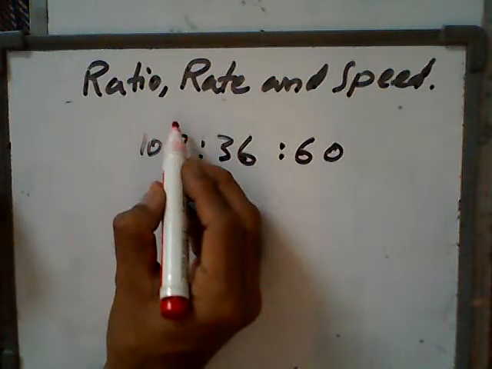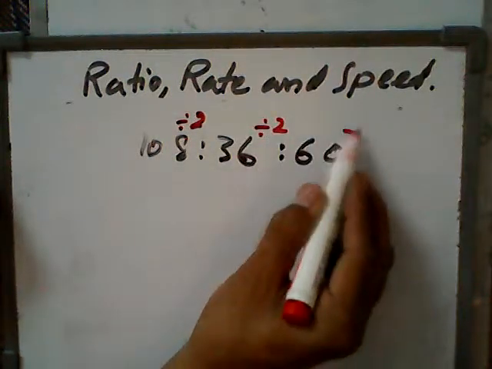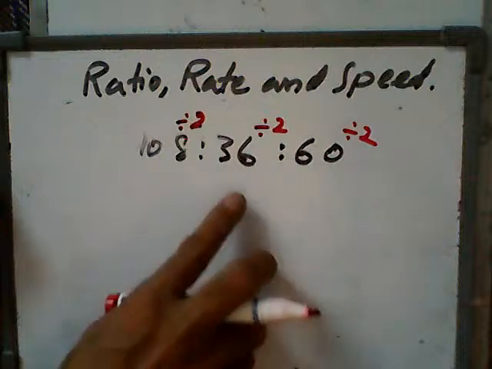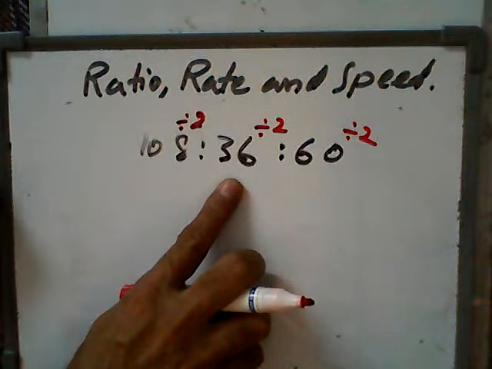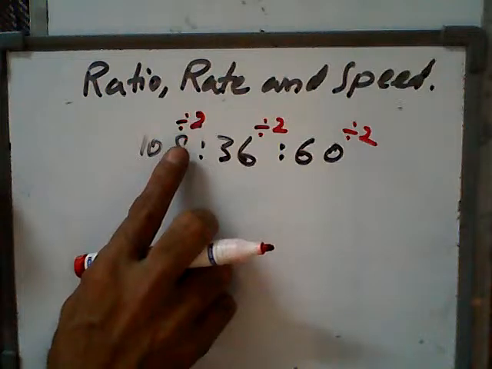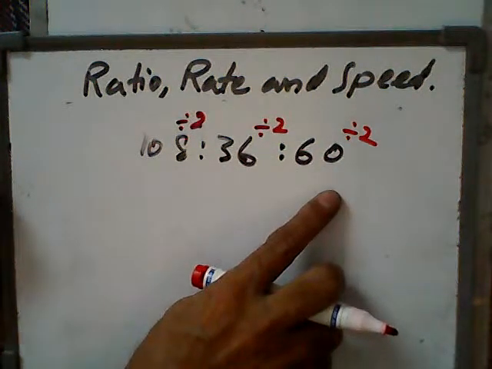Yes, you can see that this is divisible by 2, divisible by 2, and divisible by 2. If any one of them is not divisible by 2, but the rest of them are, we will stop. We have to see the number by which all of them are divisible. Then we will simplify it.